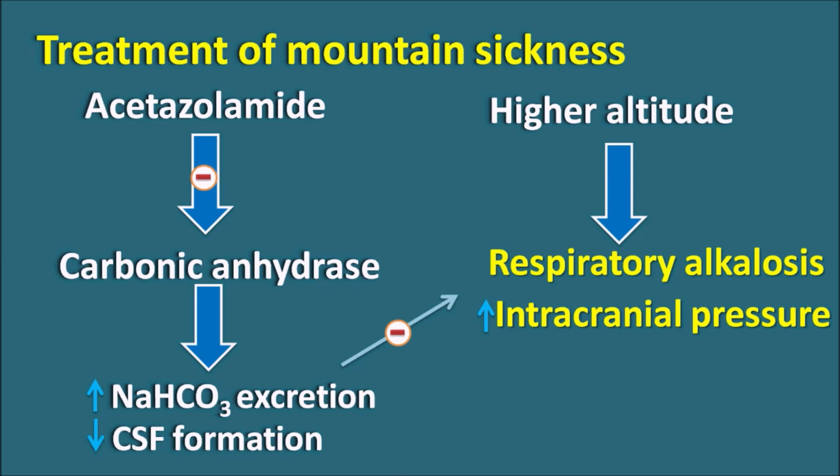That's why acetazolamide can be used in the treatment of mountain sickness. This drug should be given immediately after the symptoms of mountain sickness in order to reduce the respiratory alkalosis and increased intracranial pressure. Particularly in this condition, acetazolamide can be given at a dose of 500 to 1000 mg in order to relieve the symptoms.